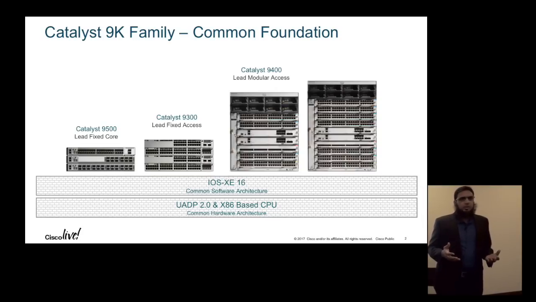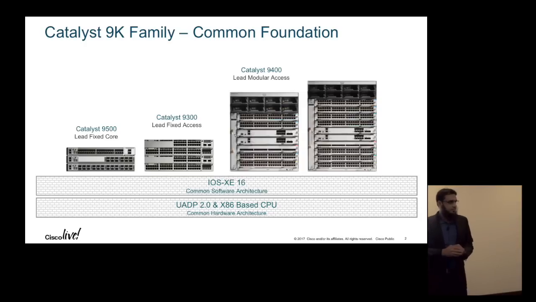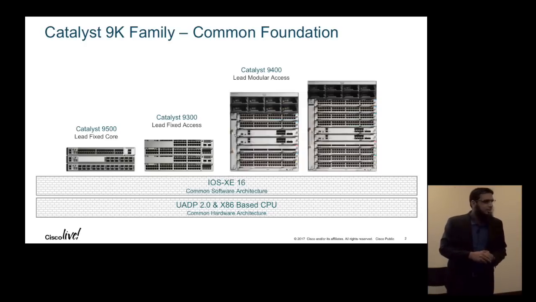And that used to be one of the pain points for our customers, to manage so many different IOS trains for different platforms and hardware, right? We have unified all of this into one. It's just one IOS train, and it's not just the train, it's just one binary file that you will run across all of these products, right? And that hopefully simplifies the image maintenance process for our customers.